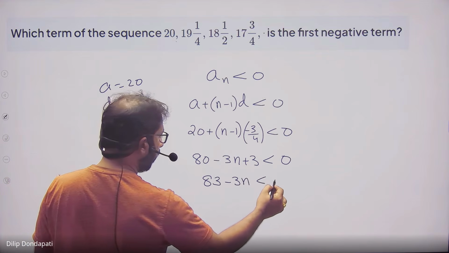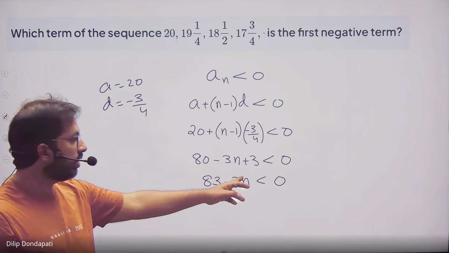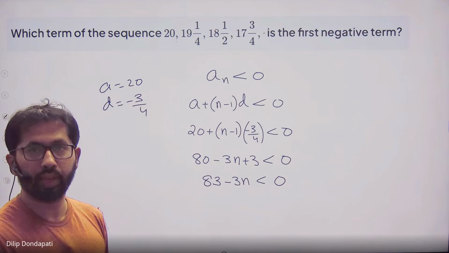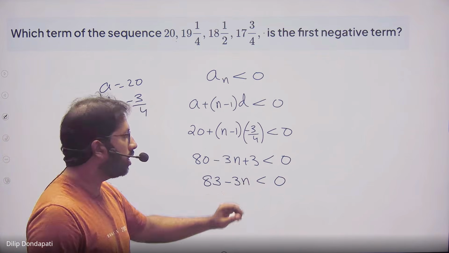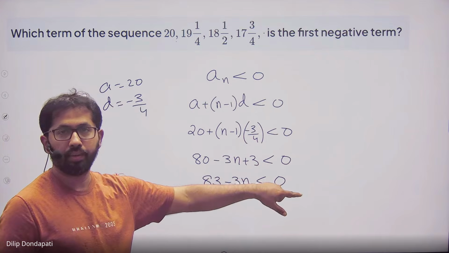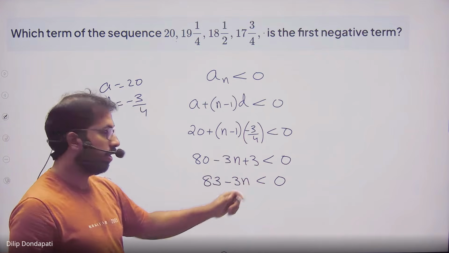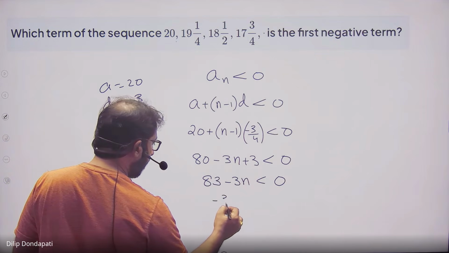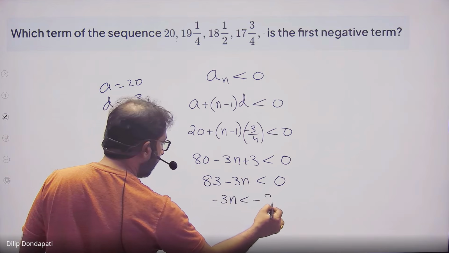Okay, see this, less than 0 is called inequalities. आपको 11th में मैथ्स में आएगा. Inequalities में क्या होगा, मालूम है? If you multiply with minus, less than will become greater than. Okay, मैं क्या करूंगा, 83 को उधर भेज रहा हूं: minus 3n is less than minus 83.